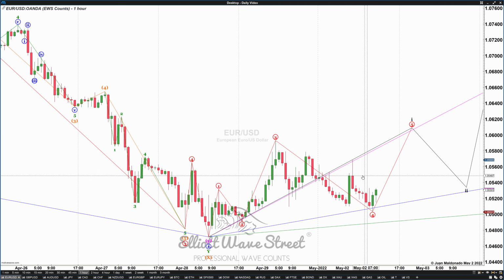All right, so let's talk about the euro here. The euro has been moving down. All the risky assets like the euro, like Bitcoin, like the Aussie, the New Zealand, the stocks, right?